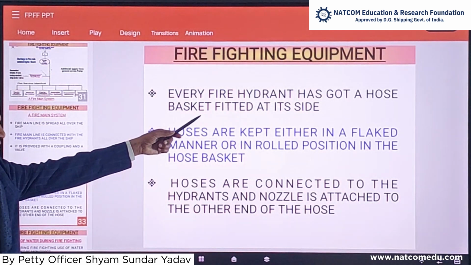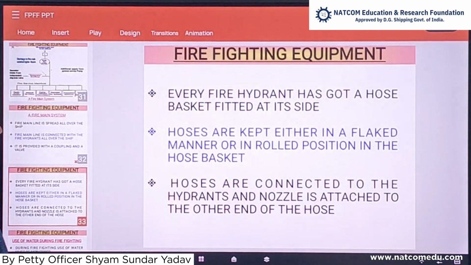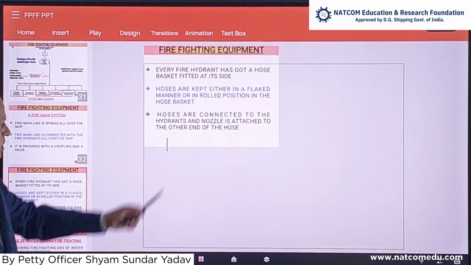Every fire hydrant has got a hose basket fitted at its side. Wherever you find a fire hydrant, beside that आपको वहीं पे ही fire hose मिलेगा. Not to waste the time, if there is emergency, if there is fire. This is also most important.